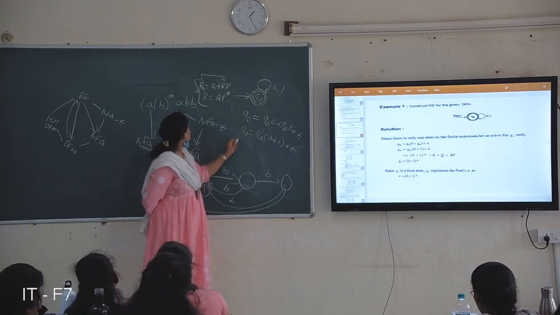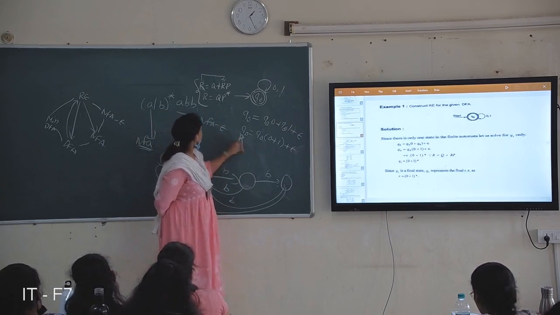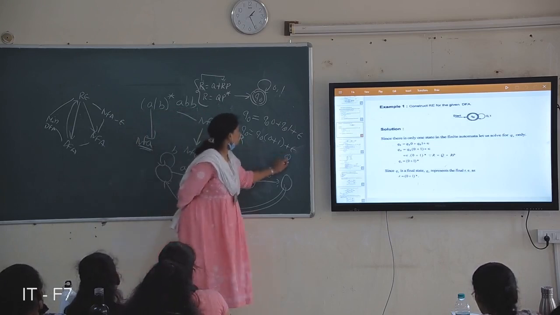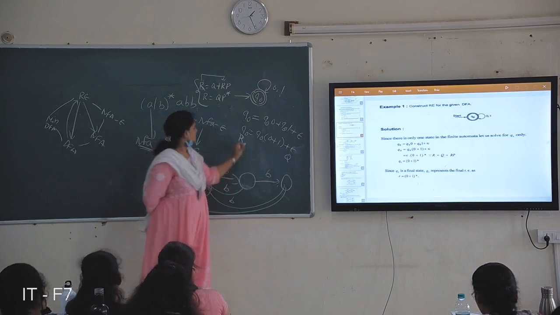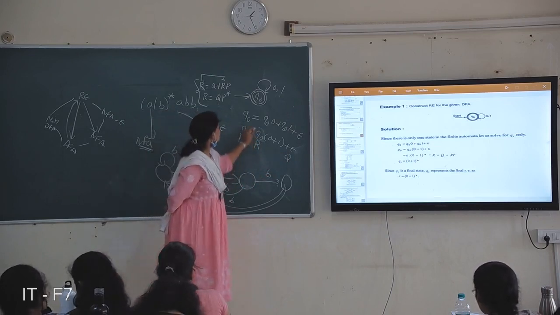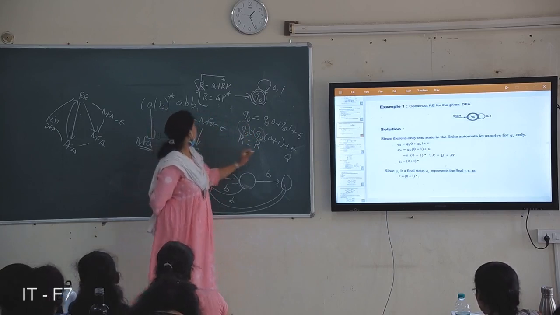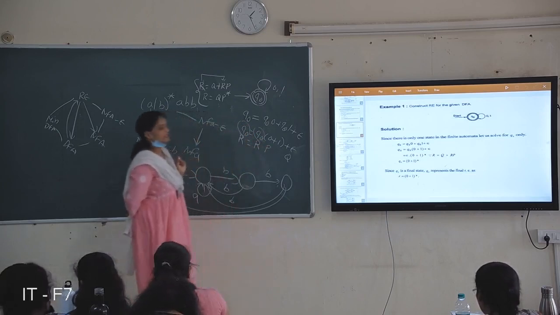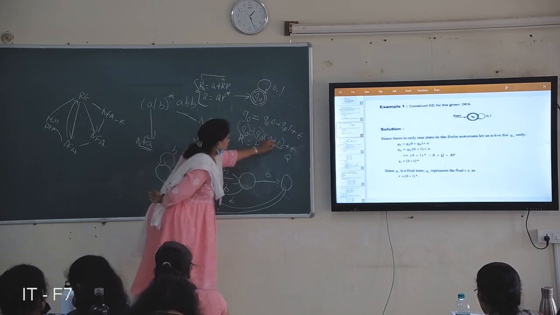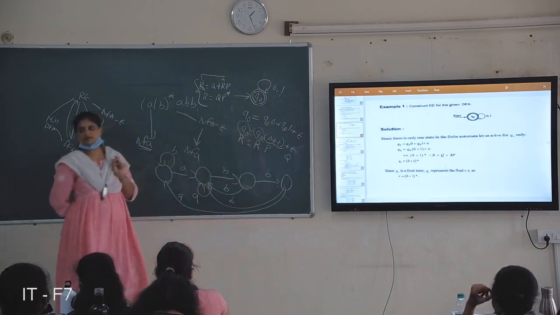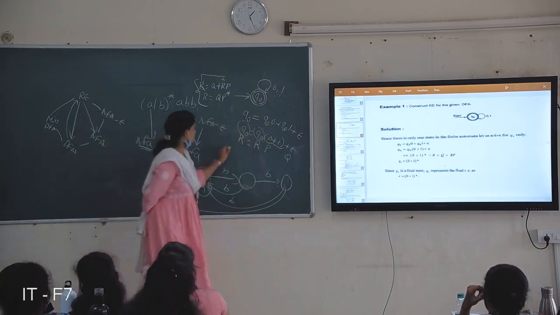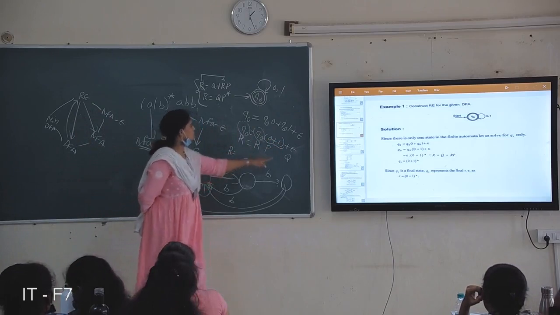So this is nothing but R. This is nothing but null, null is nothing but Q. The same symbol came, Q naught, that is nothing but R. This is P, 0 plus 1 is P. So how to write the formula? QP star, right?